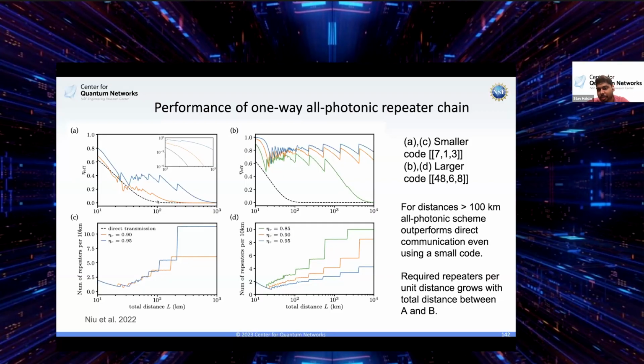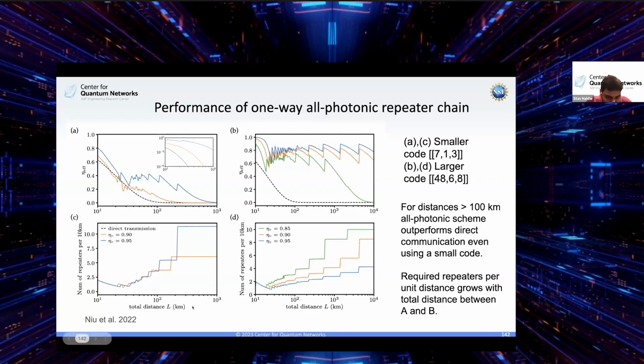The black line is direct communication or the PLOB bound, whereas the blue and the orange lines are the ones with the all-photonic scheme for different repeater efficiencies. This includes your single photon generation efficiency, coupling efficiency, and so on. And if you use larger codes, then of course you get better outcomes.